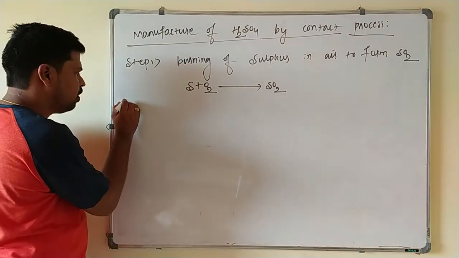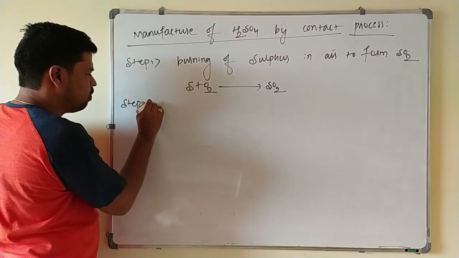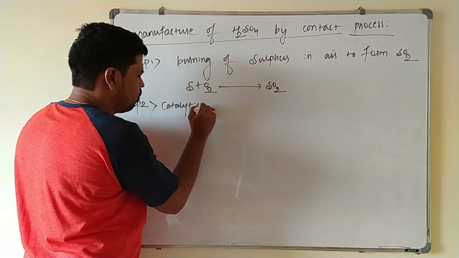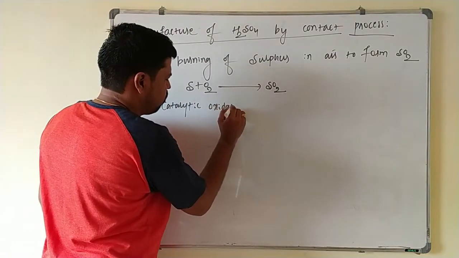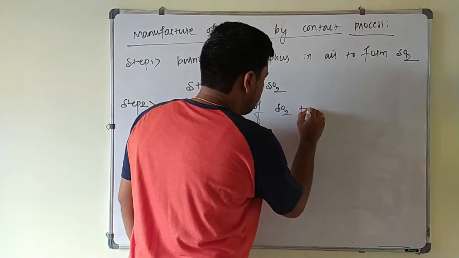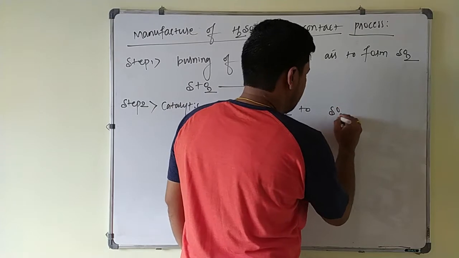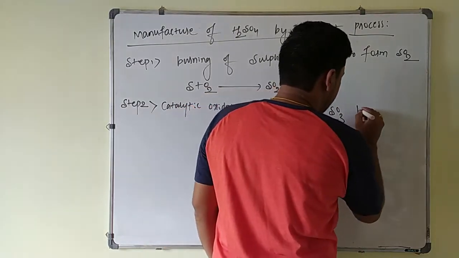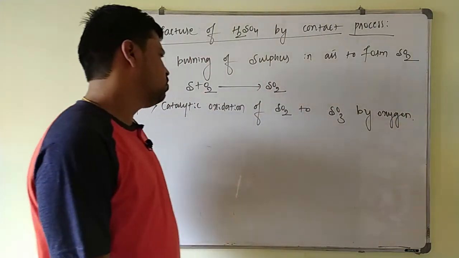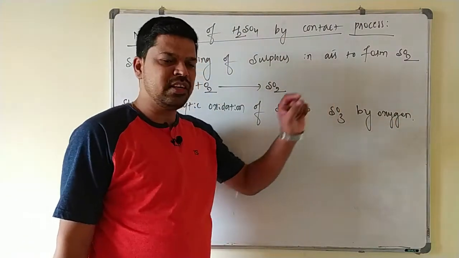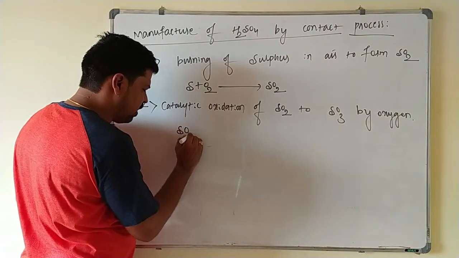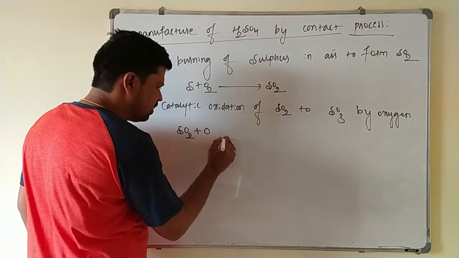Second step, catalytic oxidation of SO2 to SO3 by oxygen. So SO2 is oxidized to SO3 by oxygen in the presence of V2O5 as the catalyst. We will write this reaction: SO2 combines with one oxygen.